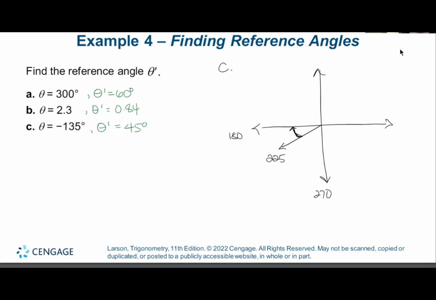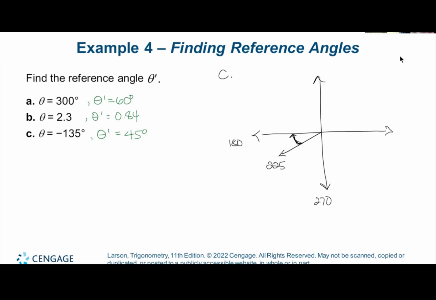The reference angle is useful to us because if we don't have access to a calculator or the unit circle, and we don't want to memorize the whole thing, we only memorize in the 1st quadrant. Every angle has a reference angle that's in the 1st quadrant.